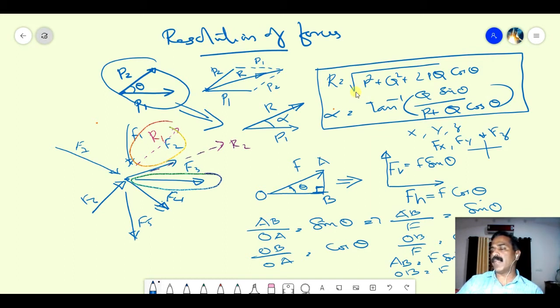But if more than two forces are acting on a body, we cannot employ the parallelogram law of vectors, which would be a cumbersome process, and we can make use of this method. We will split the forces into components along fixed reference axes, and then find the resultant. I will show you how. Just wait and see.